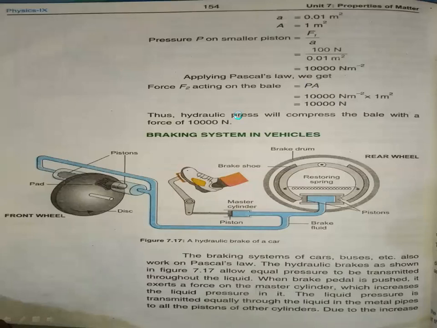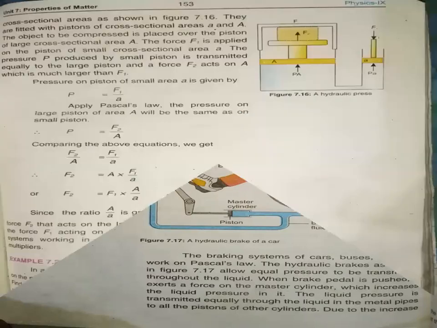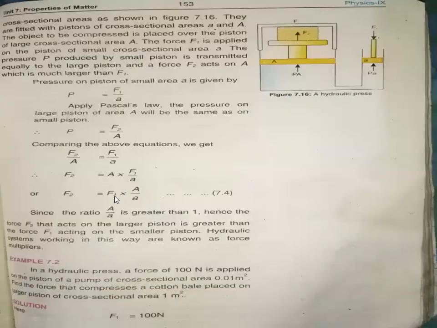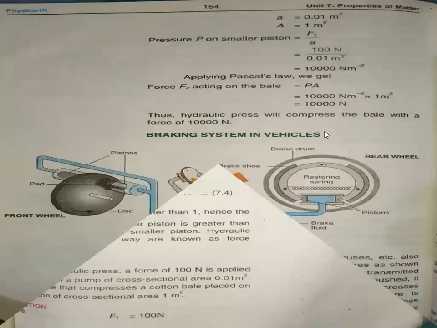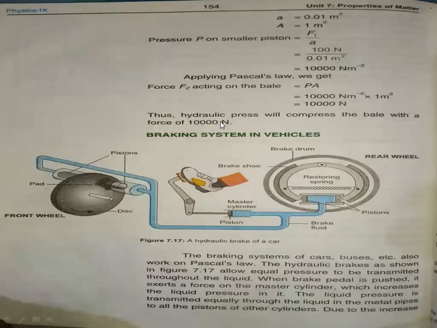You can see this, as I told you, F2 is much greater than F1. In the example, F1 is 100 Newton. The F2 I found is 10,000 Newton, which is much greater than F1. So the hydraulic press will compress the bale with a force of 10,000 Newton.